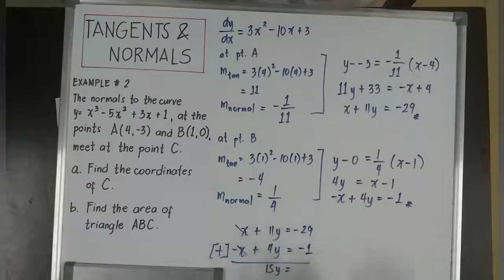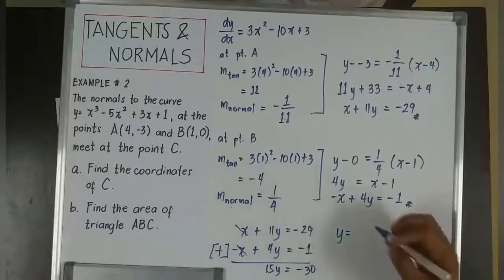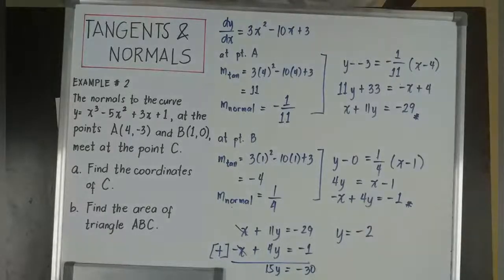Negative 29 plus negative 1 is negative 30. Thus, y is equivalent now to negative 2. Okay? So that is the value of y at point C.